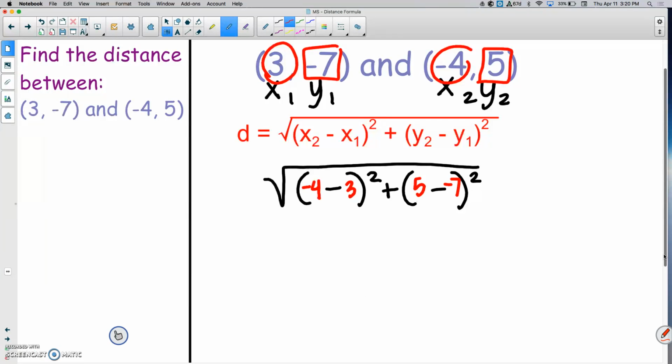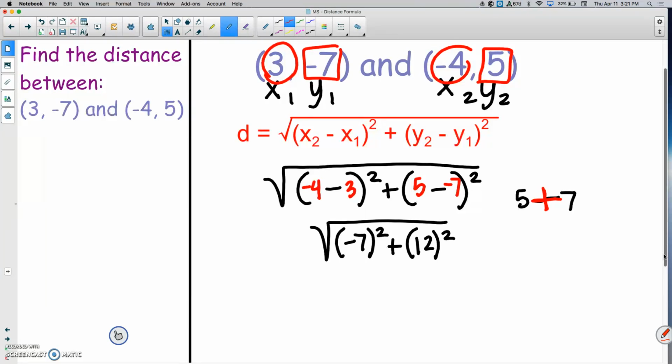On this one, the first set of parentheses, -4 minus 3 is -7. And on the second set, 5 minus -7. Remember that that double negative turns into a plus. If you take away the negative, it's a positive. So 5 plus 7 is 12.